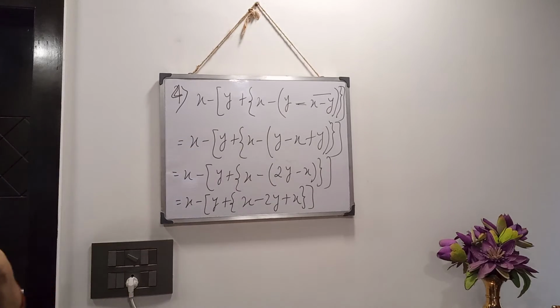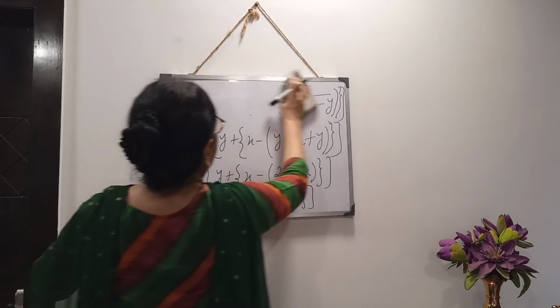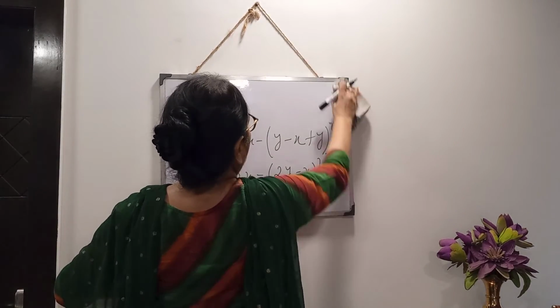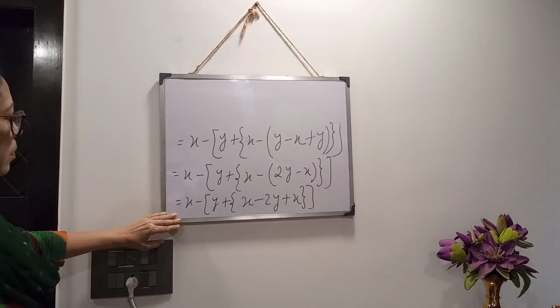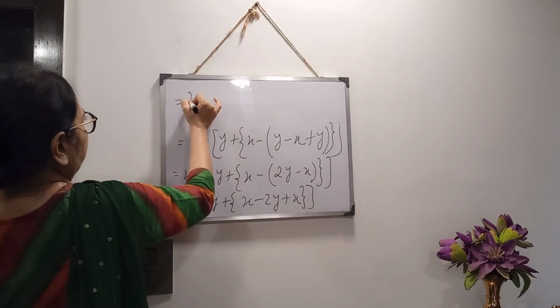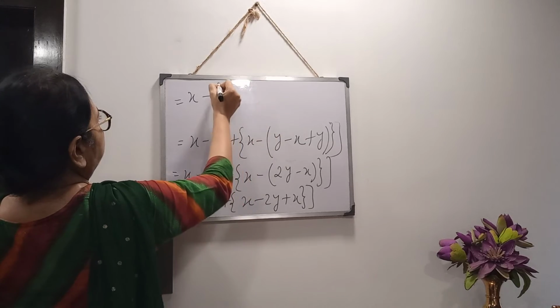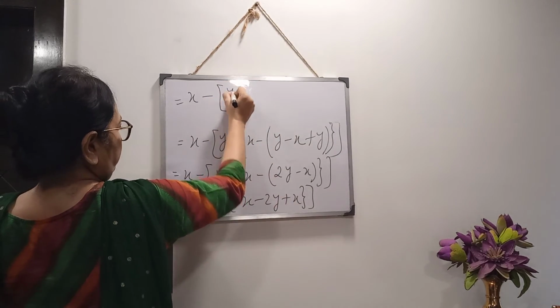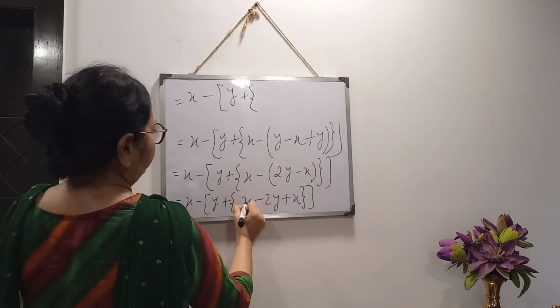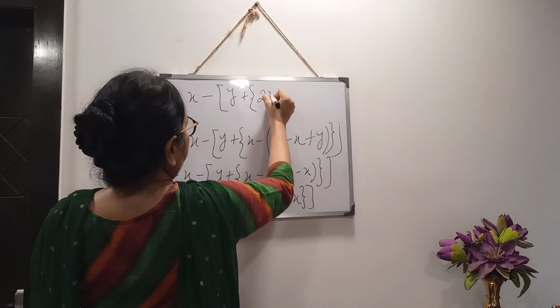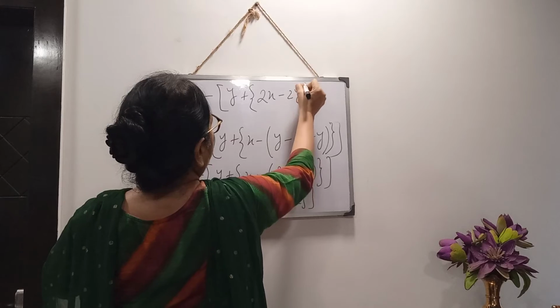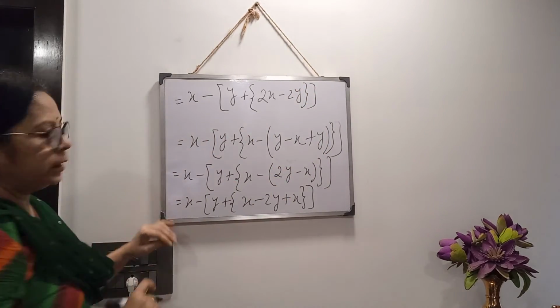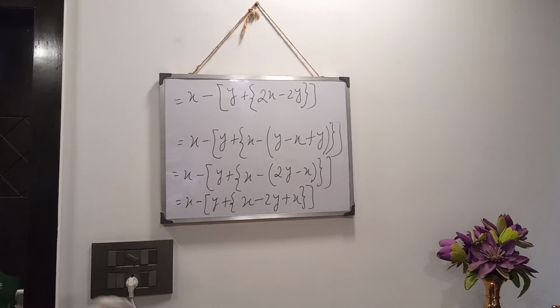Clear? Then next step, operation of the second bracket. Okay, x plus x, 2x. 2x minus 2y. Then finally operation of the third bracket.